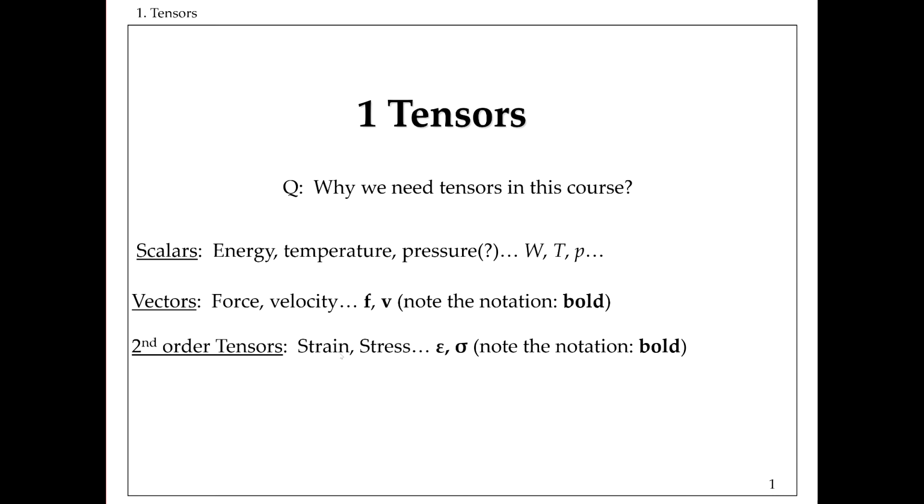In a more abstract manner, you can think of a second order tensor as an action. It acts on a vector and transforms that vector into some new vector. One of the classical examples that you manipulated in mathematics or linear algebra is the eigenvalue problem, where you had the matrix.